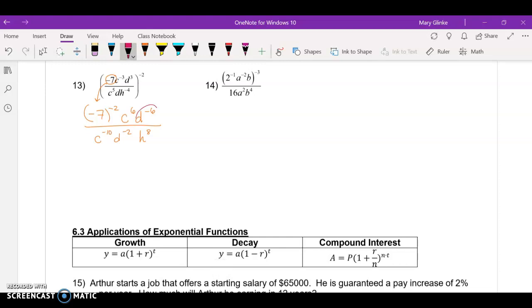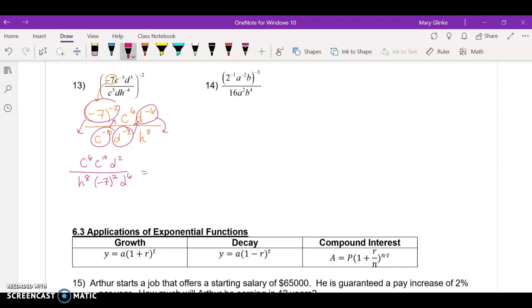Now I'm going to circle everything that has a negative exponent. So the c to the 6th and the h to the 8th stay where they are. -7 squared moves down. D to the 6th moves down. C to the 10th and d squared move up.